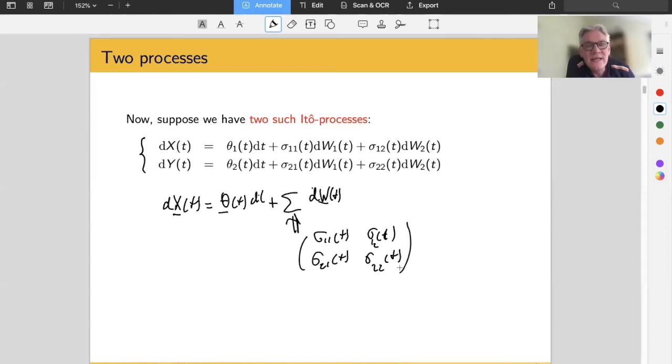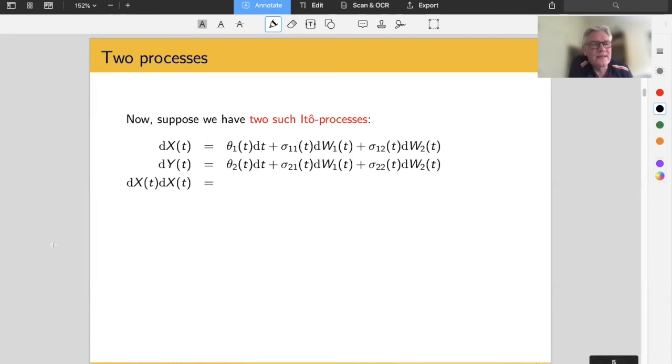So the generalization to two such processes gives us vector-valued systems with X, Y here, theta 1, theta 2 as a vector, and a matrix with volatilities: sigma 11, sigma 12, sigma 21, and sigma 22.